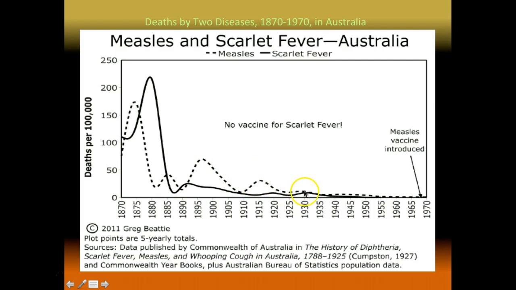So out of 100,000 people, maybe 10 end up dying. And down to the 50s, it's almost nothing. And down here by 1965, there are no people dying from measles and scarlet fever in Australia. Out of 100,000 people, none.